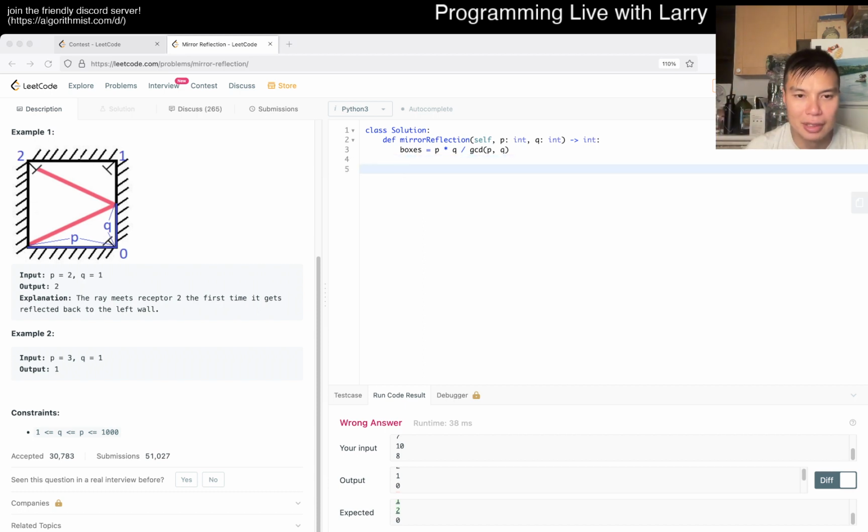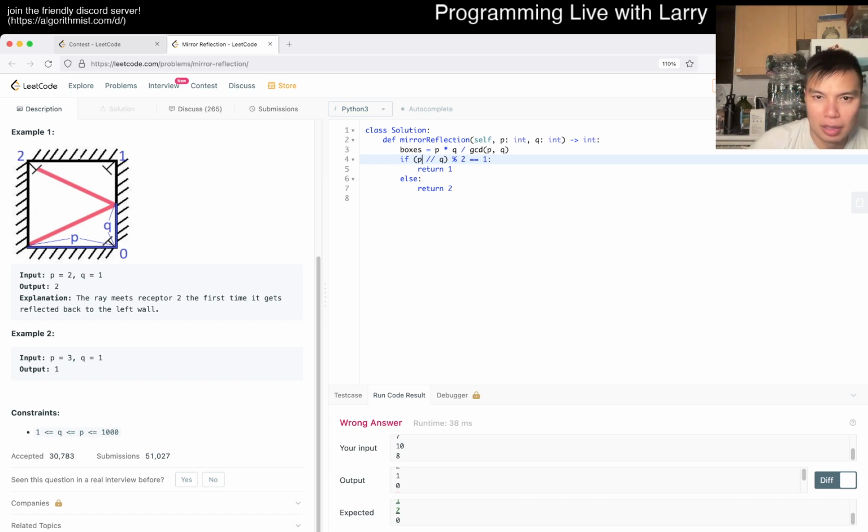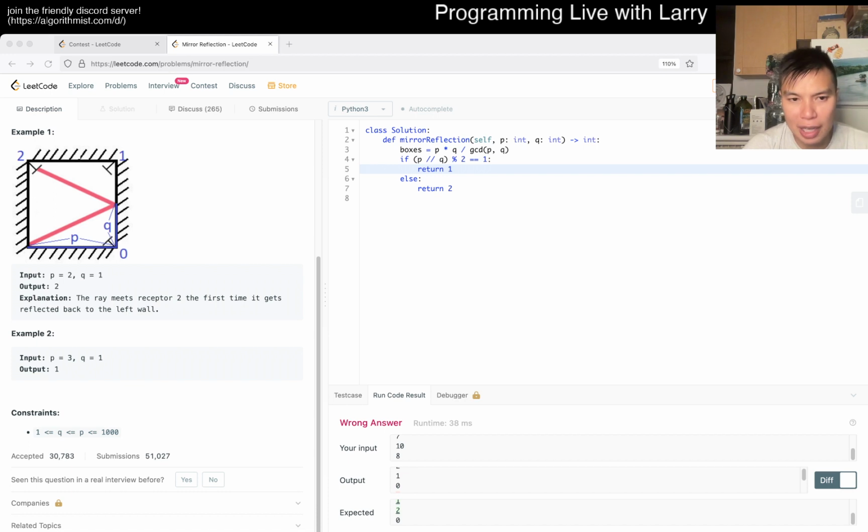The left side is something similar to this formula, because that's what we had before, but we just messed up on the 0. How do we get it on the left side? It is on the left side if P would have to be a multiple of Q. Yeah, I think that's the case.